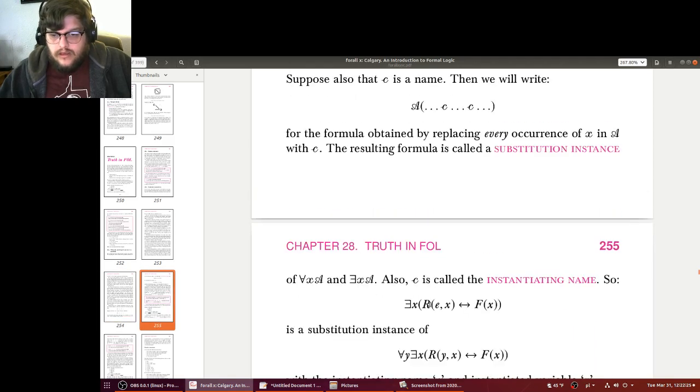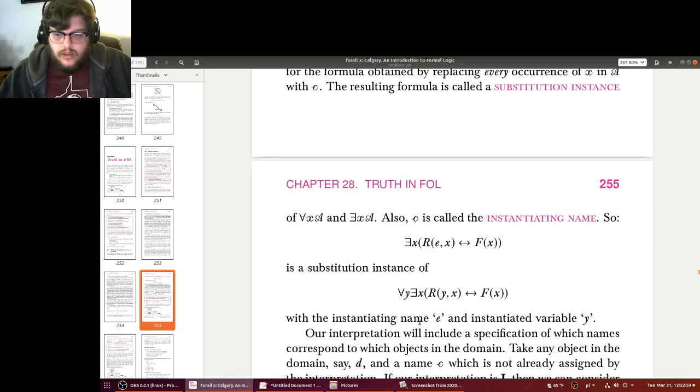And they're saying this is a substitution instance of this sentence. Now you can interpret this as saying, starting at this sentence, for all y, I can pick anything in my domain for y, and I'm going to plug it in for that value y and get this sentence. So here they've taken this thing and replaced y with e, and they can do that with anything because it's a for all. Okay. So that's what they mean by this.